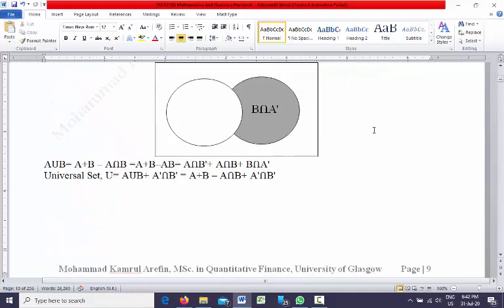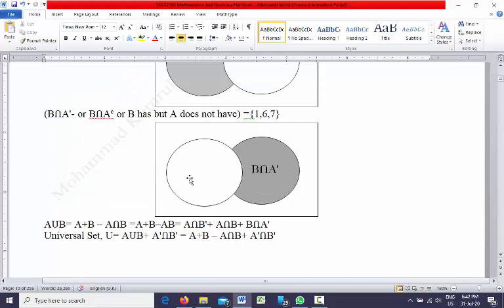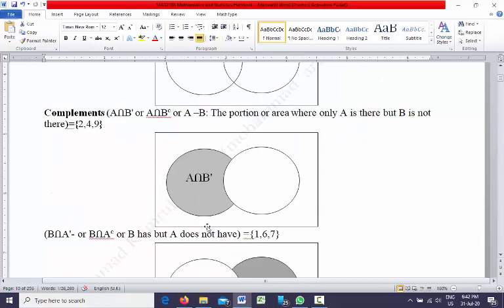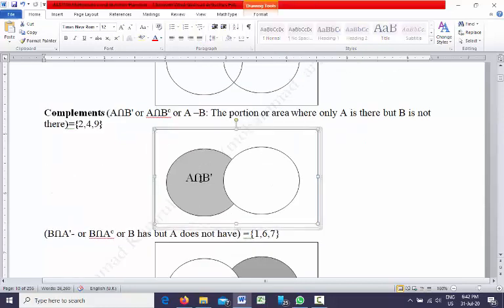Right. So again we can write another formula for A union B. This is another formula. So A union B, we can also write it this way. First of all, this part is the part where only A is there. That means this part only A is there.